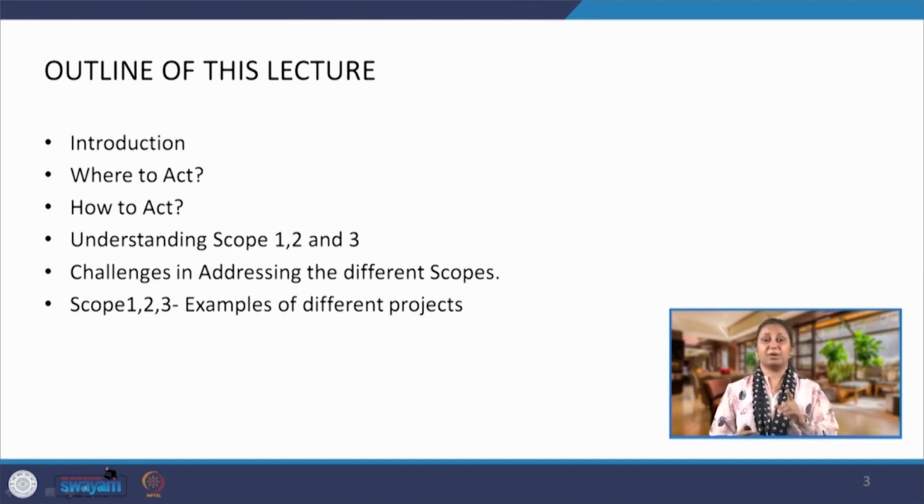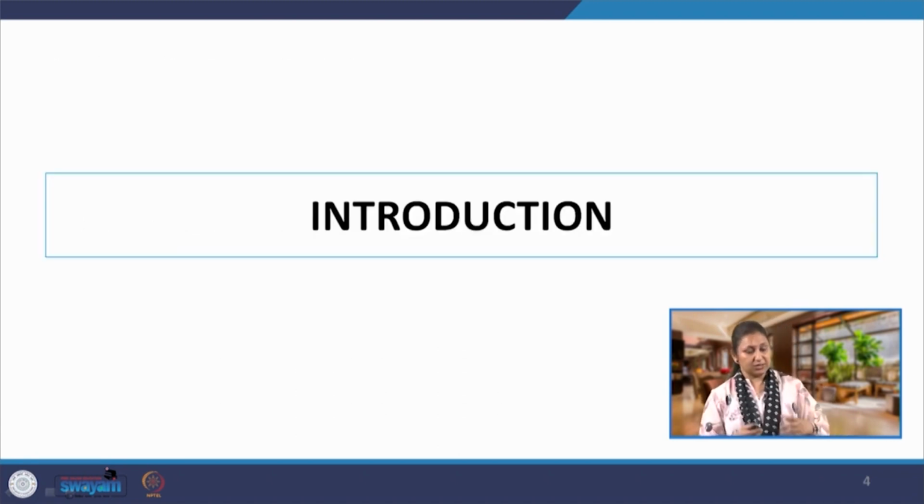If you remember our discussion yesterday, ISO 14064 and the GHG protocol are complementary to each other, and while 14064 talks about what to do, the GHG protocol clearly talks about how to do it. So, this is what we are going to see, how we define these boundaries and go about it.